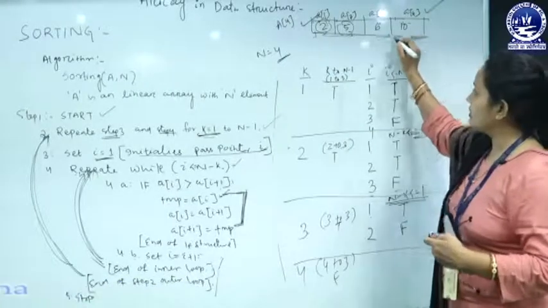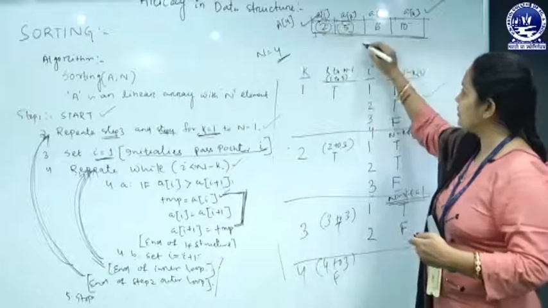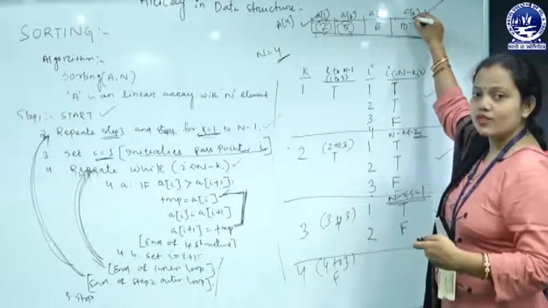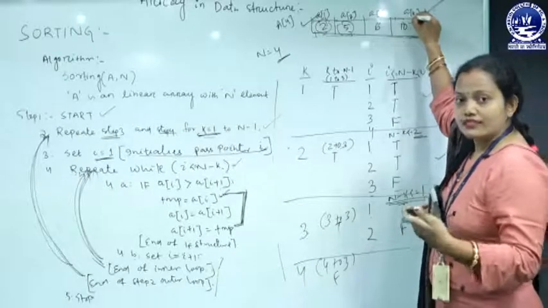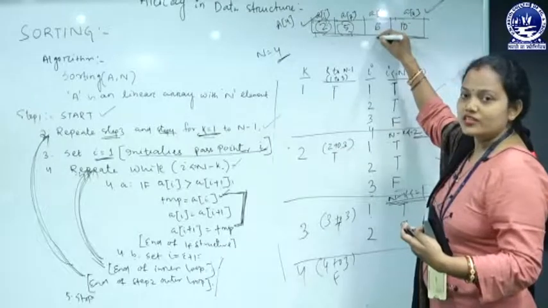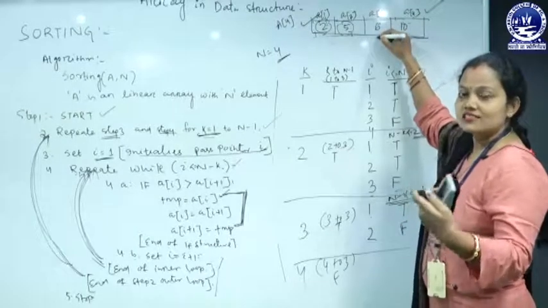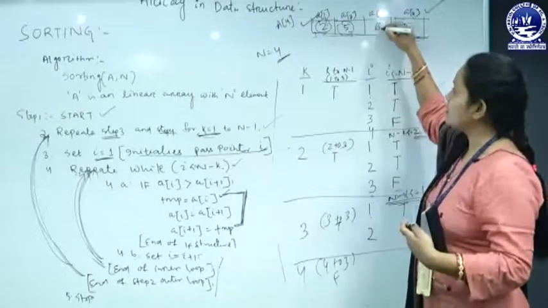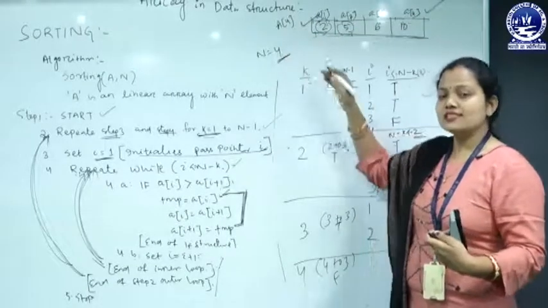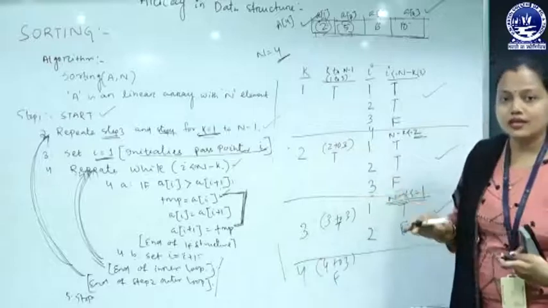So 10, the largest element, is placed at the largest index location, that is A of 4. Then the next largest element is placed at the next largest index, that is A of 3, and so on. So this is all about the bubble sort algorithm.